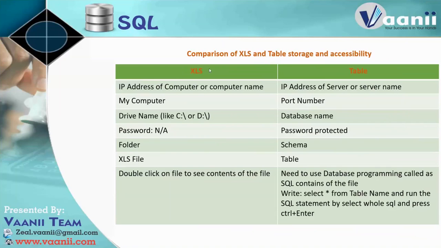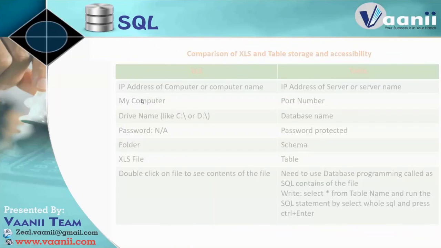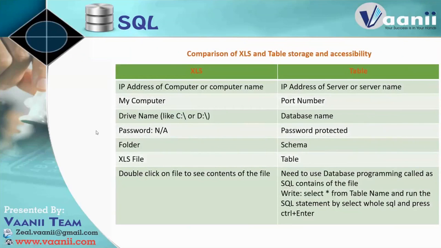So an Excel sheet you will store in a computer, and then that computer's IP address, suppose it is a common IP address for the router, and then your computer name and a drive name. An Excel sheet might have a password or may not. It will be in a folder and then an Excel file, and you have to double click to see the file contents, right?